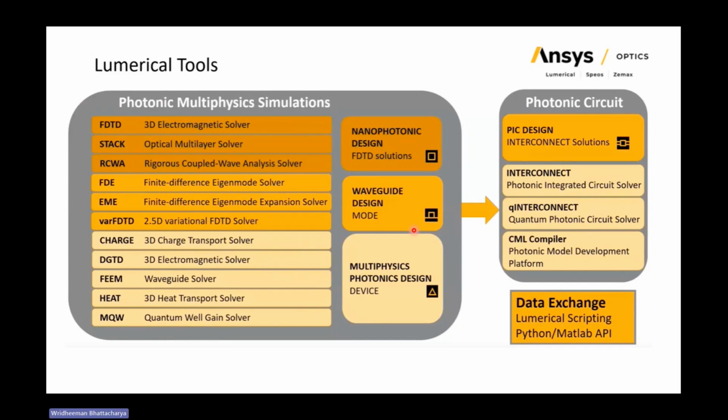Apart from this, when the device is ready from our side, we can also integrate it at a system level, which Lumerical offers, such as the INTERCONNECT solution. What does the INTERCONNECT solution offer? Basically, it is a photonic integrated circuit solver.